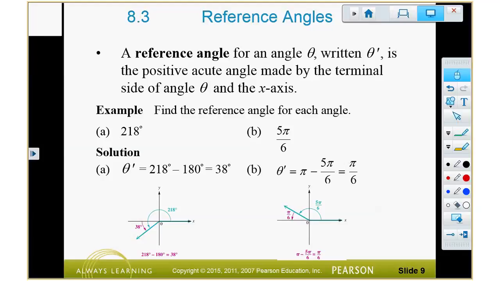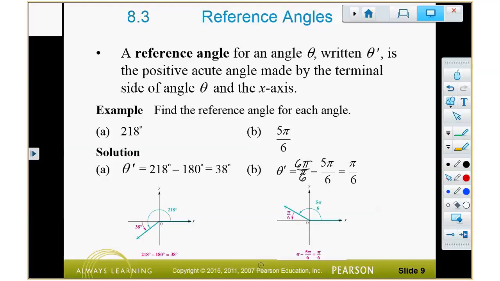Yeah, it's 180, but as far as a fraction, it would be 6 pi over 6. And 6 pi over 6 minus 5 pi over 6 is 1 pi over 6. So make sure you make that note, especially those of you that suck at fractions. Make sure you change this to 6 pi over 6.